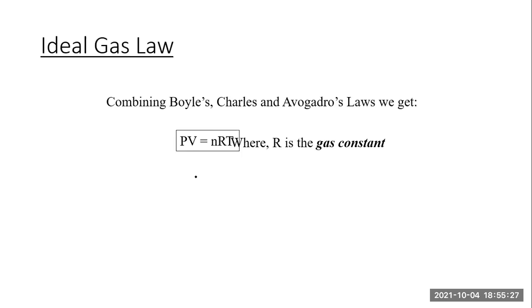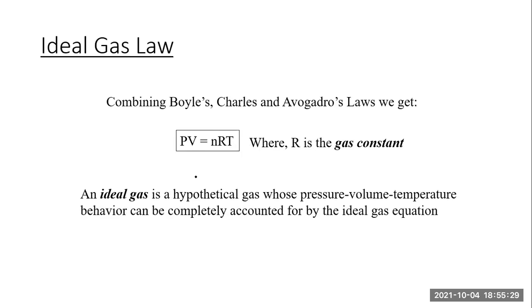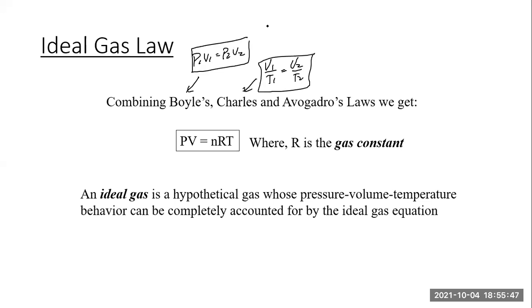So let us finish up talking about here sort of the granddaddy of them all. If we put together Boyle's law, which is what we saw earlier, P1 V1 equals P2 V2. Charles' law, which is V1 over T1 is equal to V2 over T2. Gay-Lussac's law, which is P1 over T1 equals P2 over T2.